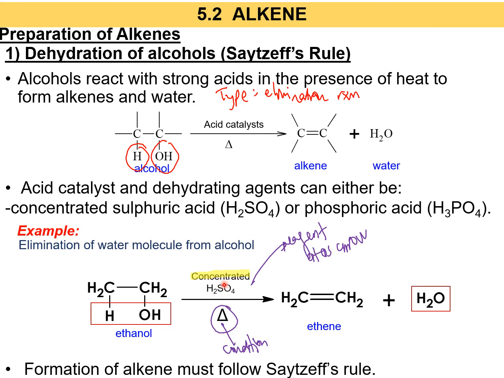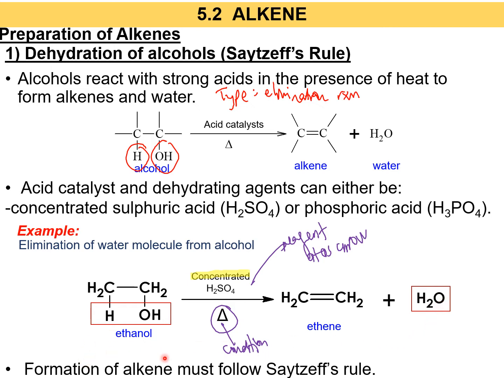Kena ada perkataan concentrated ni, and with the condition heat, therefore kita akan eliminate this hydrogen atoms dekat this carbon, and also this OH dekat this carbon atom. So jadilah dia ethane, and also dapatlah zat produk H2O.